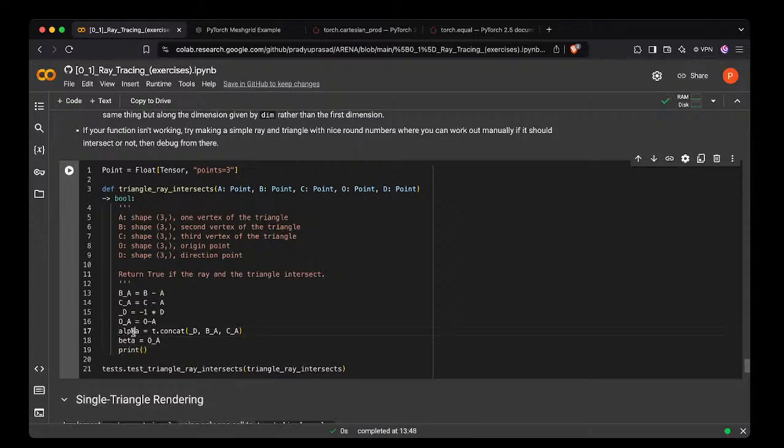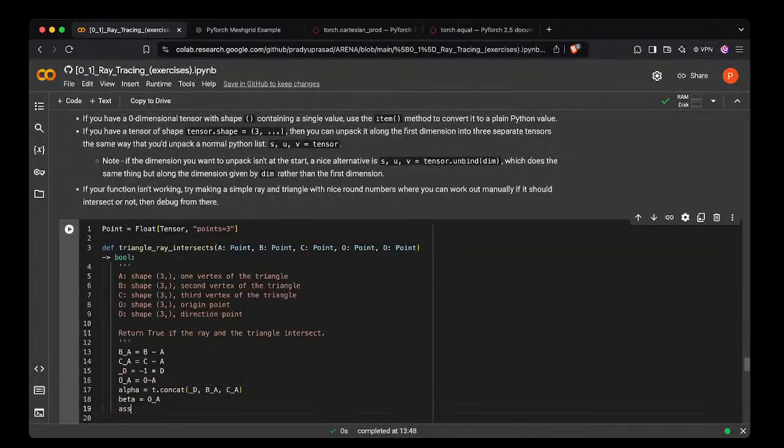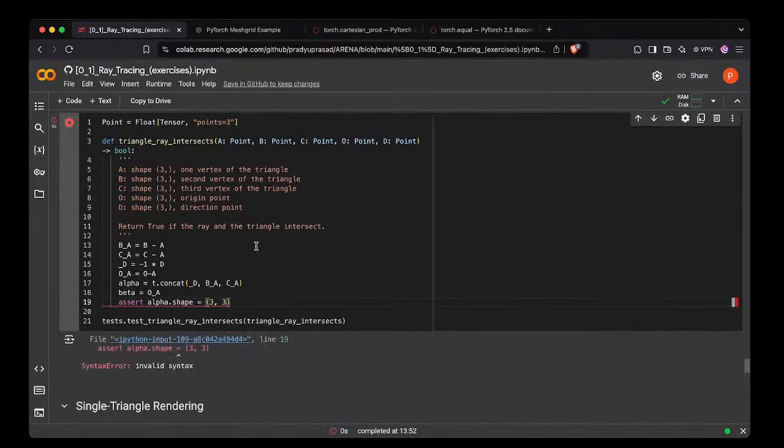Print alpha dot shape. What do we expect it to be? We expect it to be 3, 3, right? Assert alpha dot shape equals 3, 3. Hopefully you don't blow up. Sorry, equals 3, 3.